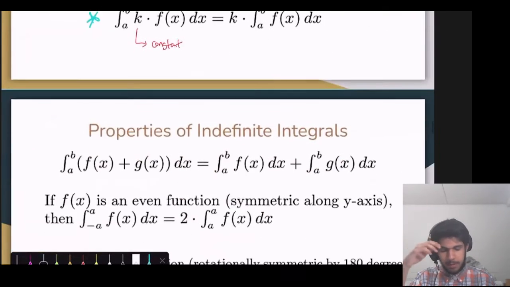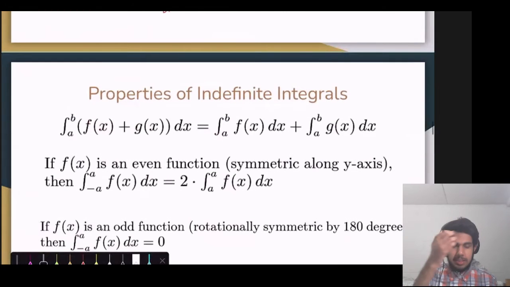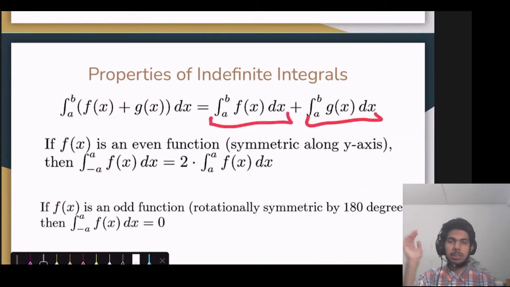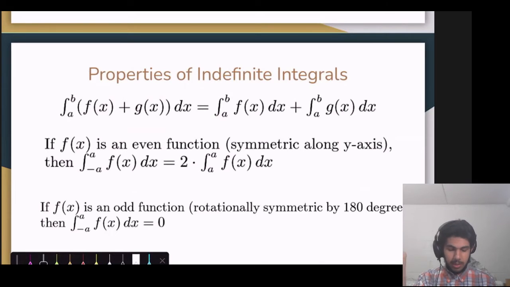Wonderful. A couple more properties, and these follow from indefinite integrals. If we have the integral from a to b of the sum of two functions, then we can break it up into the sum of the integrals of their individual parts, just like indefinite integrals.